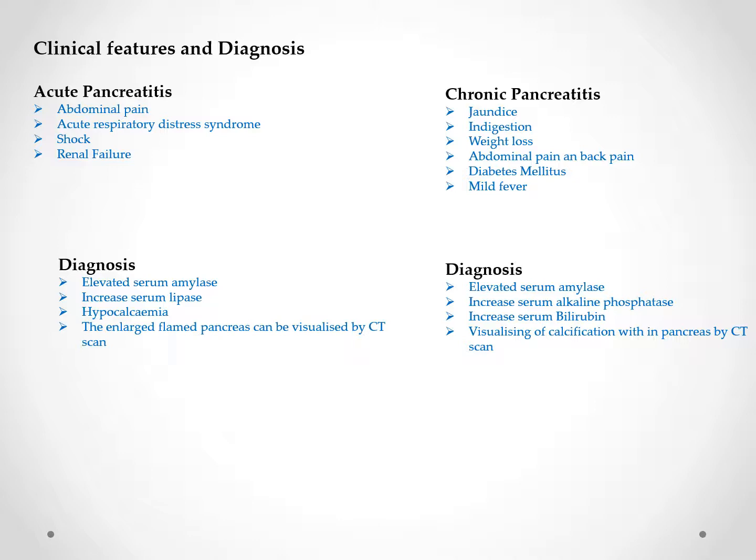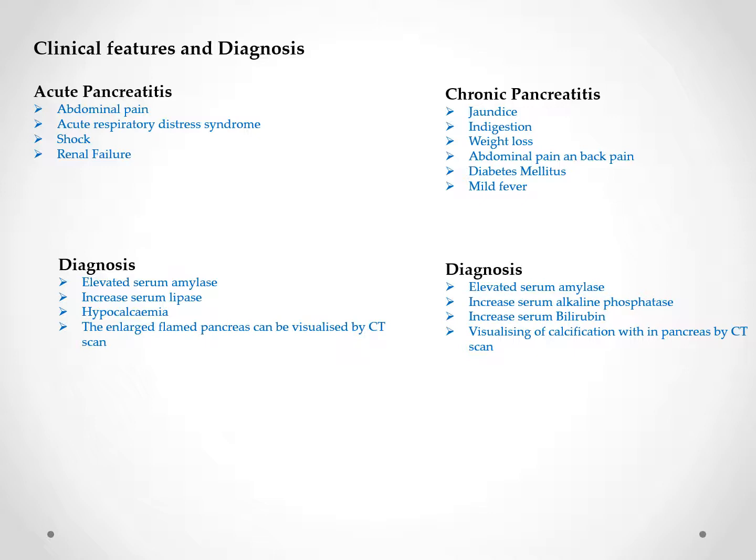In severe cases, the patient can come with acute respiratory distress syndrome, shock, and renal failure. The diagnosis of acute pancreatitis can be done by measuring serum amylase, which will be very high in the first 24 hours of the disease, followed by an increase in serum lipase, hypocalcemia, and the enlarged inflamed organ can be visualized by CT scan.